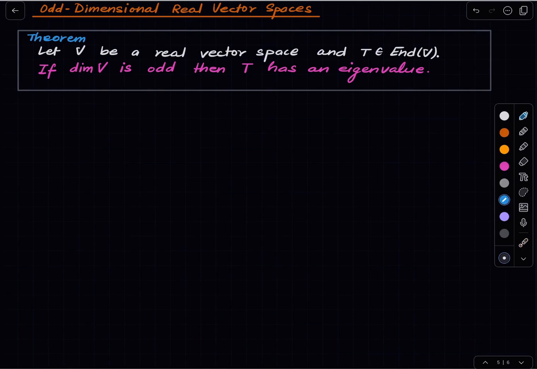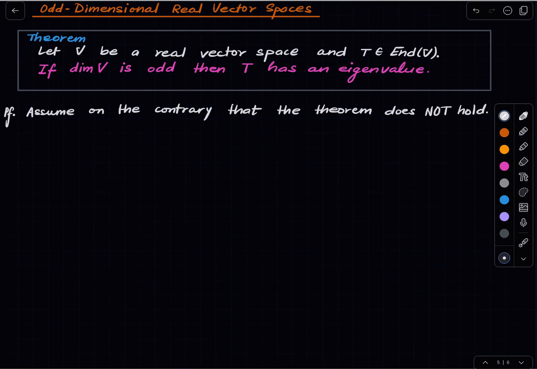Anyway, so let's try to prove this. So assume on the contrary that this is false. Right, so if it is false for some odd dimensional real vector space, we will pick one such vector space of smallest possible dimension.